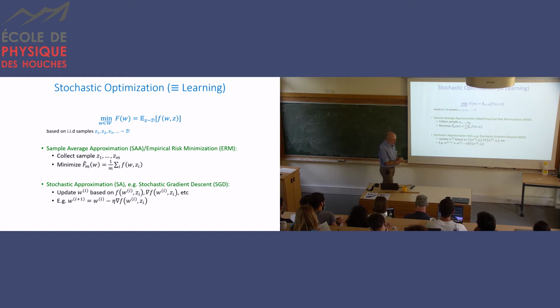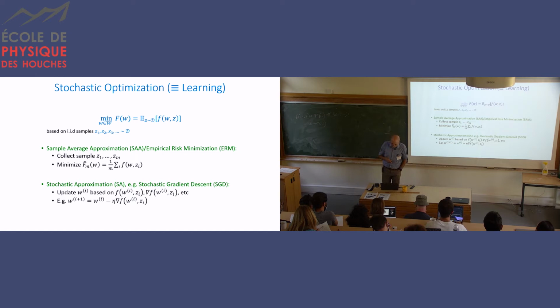In stochastic approximation, we use each sample to make a small update to our iterate, as we did in stochastic gradient descent. We take a sample, calculate a single stochastic gradient estimate from it, and use it to update our iterate. So we combine the optimization and the sampling.